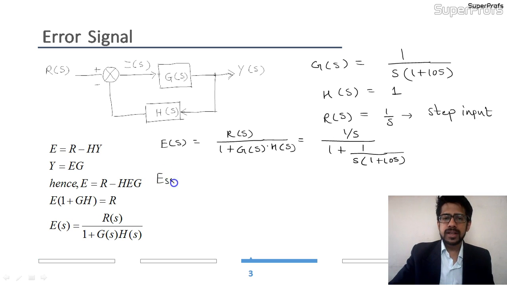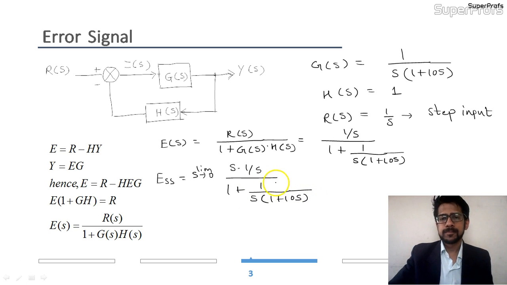My steady state error ESS is equal to limit s tends to 0 of s into E of s, which is nothing but 1 by s upon 1 plus 1 upon s into 1 plus 10s. So this is how you can find out the steady state error. Now in the numerator, as you can see, s into 1 by s will be 1.